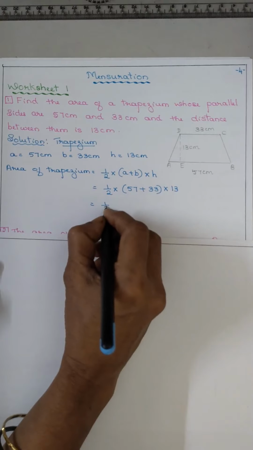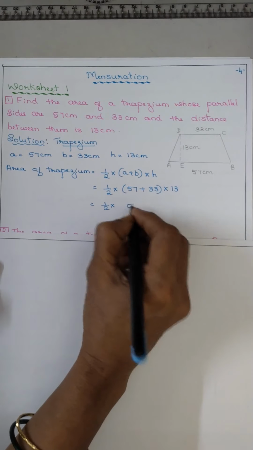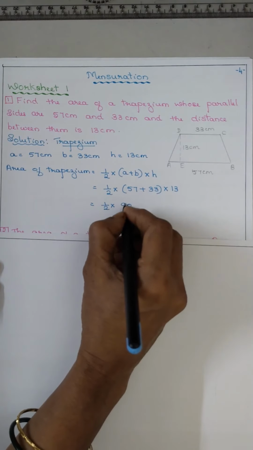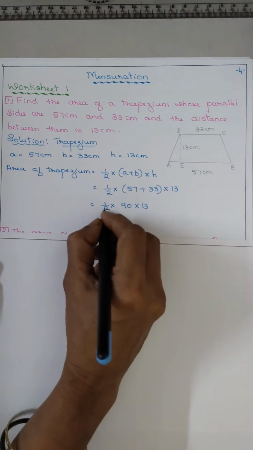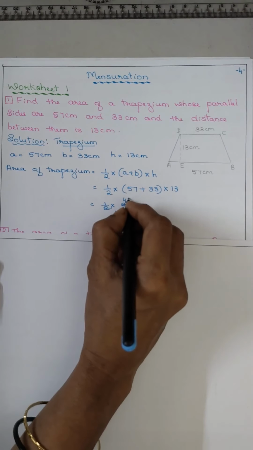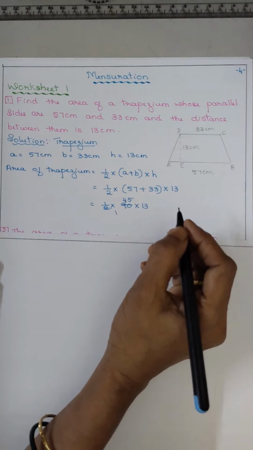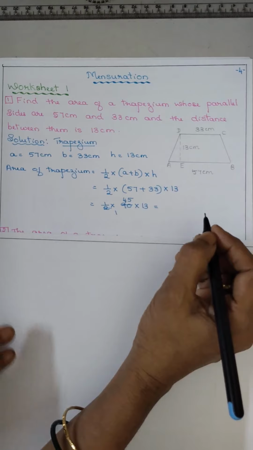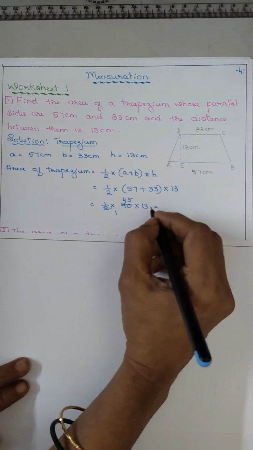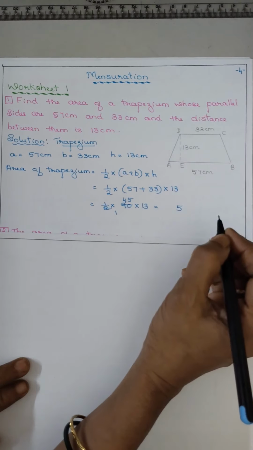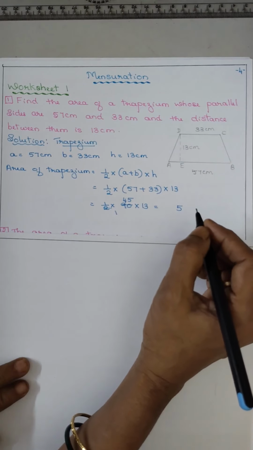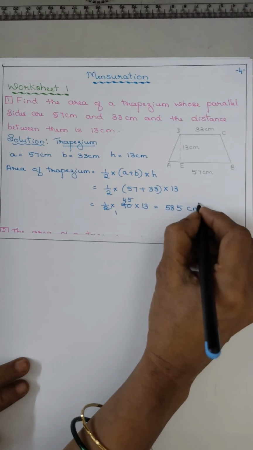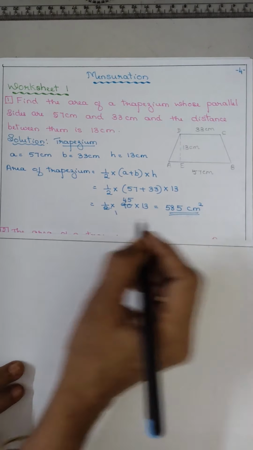So half into 7 plus 3 is 10, 1 plus 5 is 6, 7, 8, 9, into 13. 13 times 45 is 585 centimeter square or square centimeter.